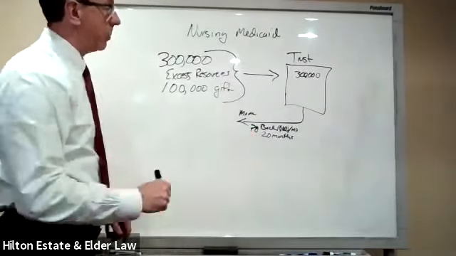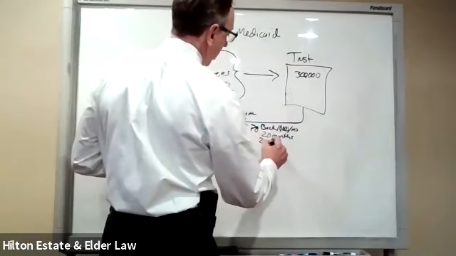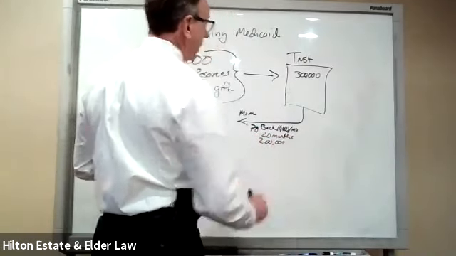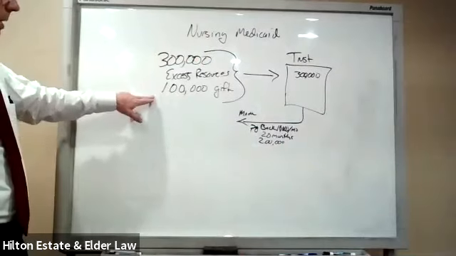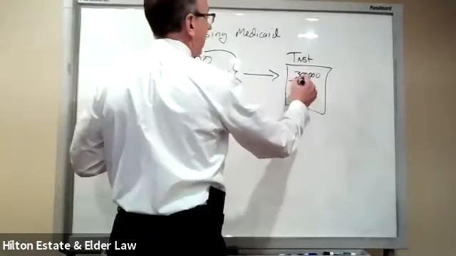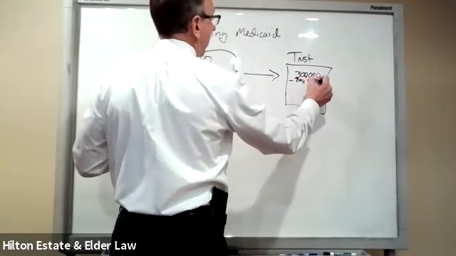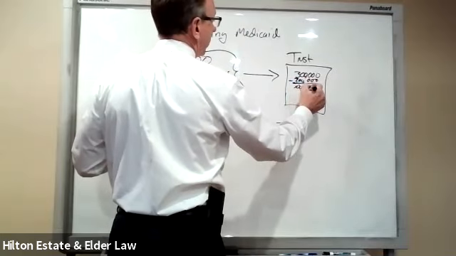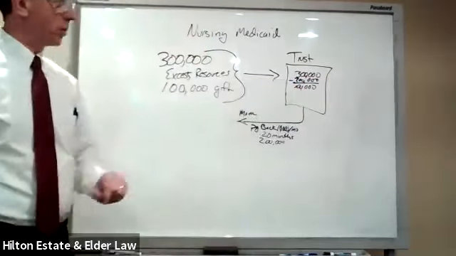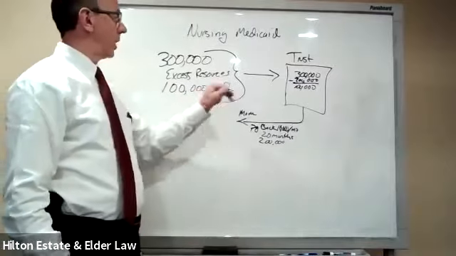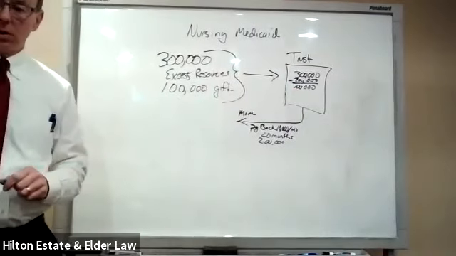After the 20 months is up and we've spent about $200,000, we'll have protected the $100,000 gift and $100,000 of cash in the trust. So we protected the old gift and the $100,000 in the trust.